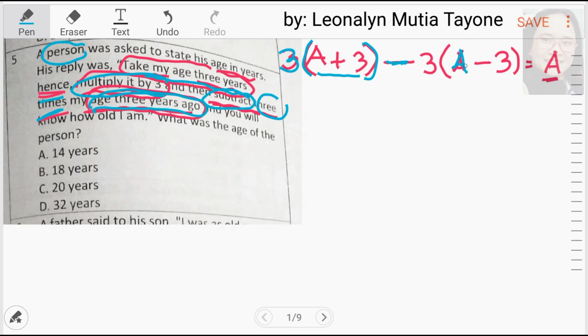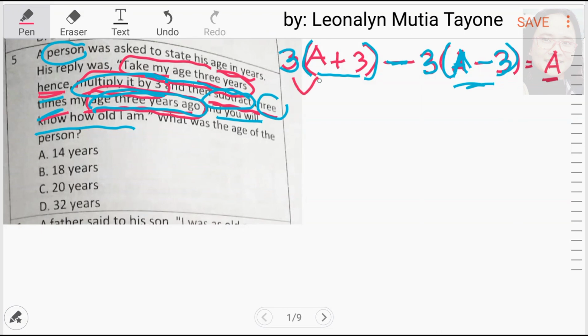Edad niya, di ba, let A be the edad of that person. Edad niya si A minus 3 because that was 3 years ago. 3 times my age 3 years ago. Yan yung ibig sabihin yan. And you will know how old I am. Ito na yung equation natin.